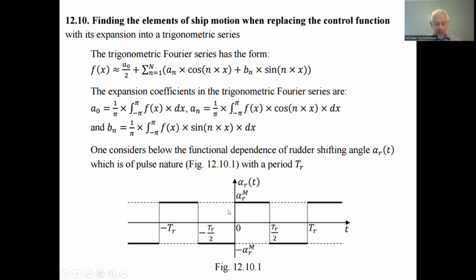This function is constant from 0 to Tr divided by 2, and from minus Tr divided by 2. This is a symmetric function. So we can divide this interval of the integration, minus pi to pi, into two intervals, and we will consider this integral as a total of two integrals, etc. So we can do that ourselves.